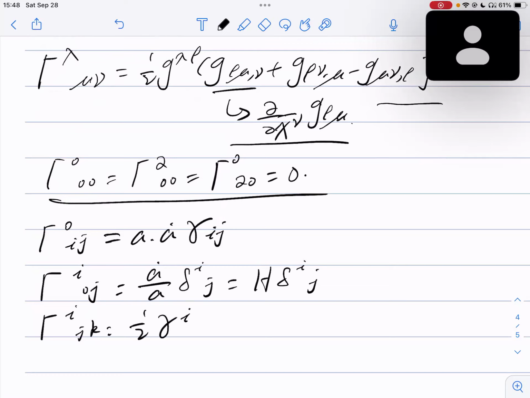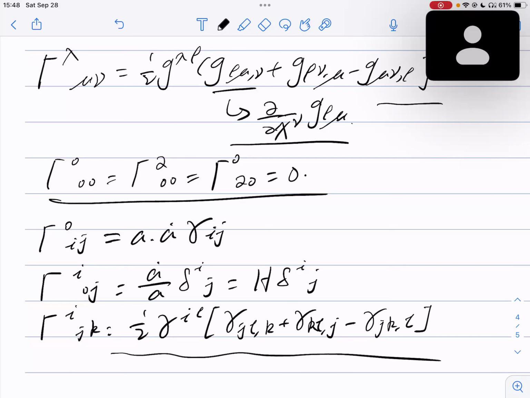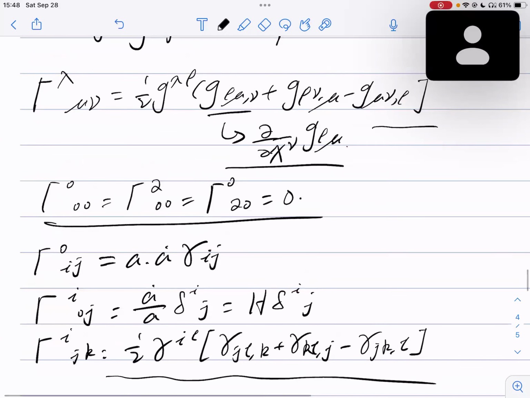gamma i jk equals one half gamma il times gamma lj,k plus gamma lk,j minus gamma jk,l. Well, notice that this expression is just the same as the general expression of the Christoffel symbol in n-dimensional space.